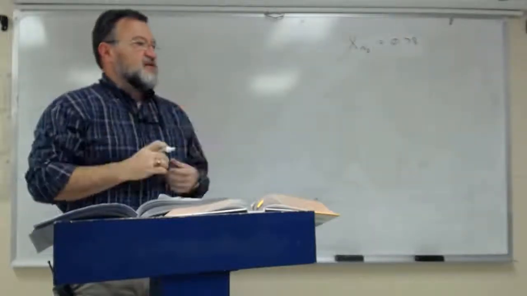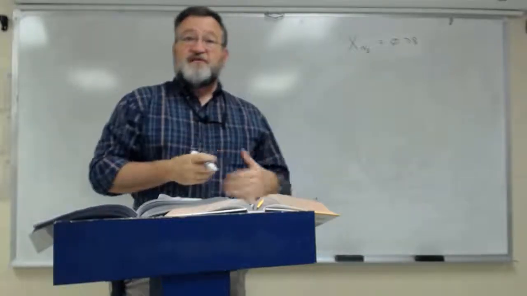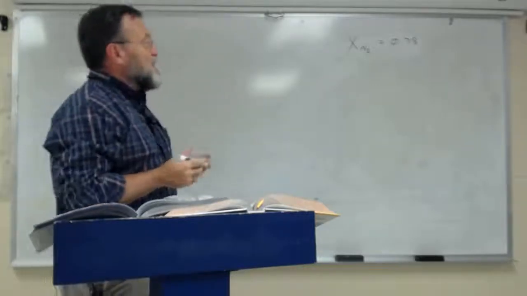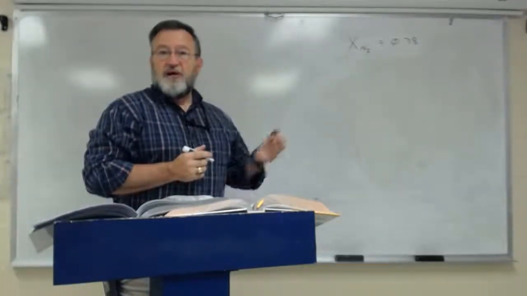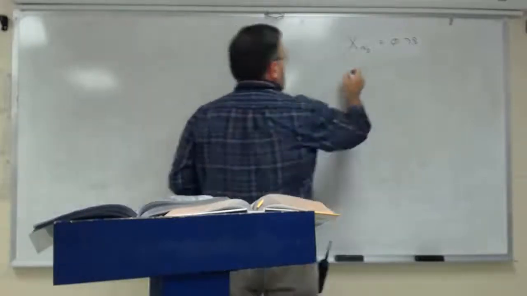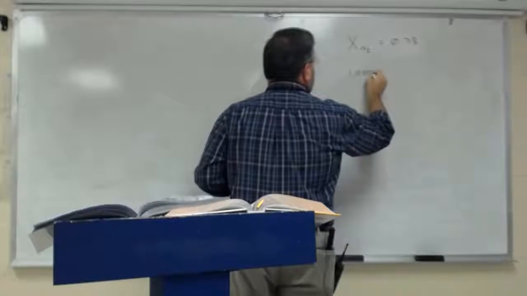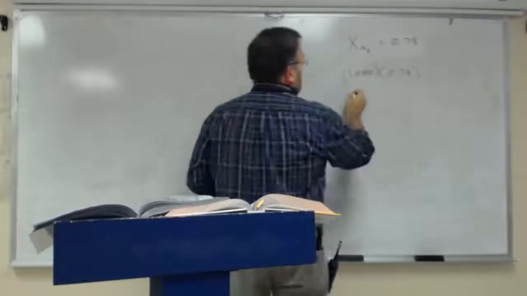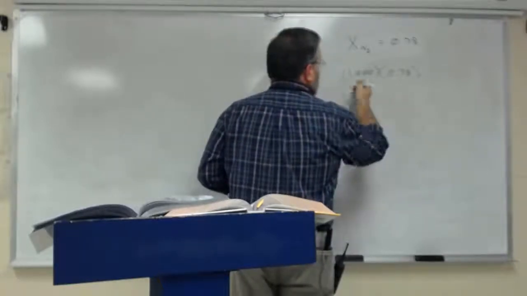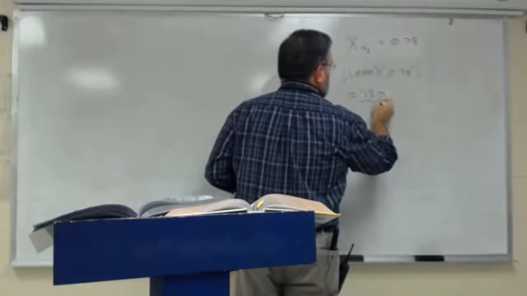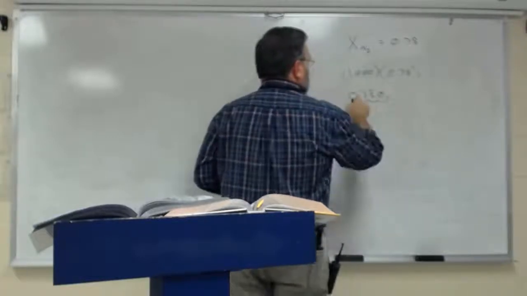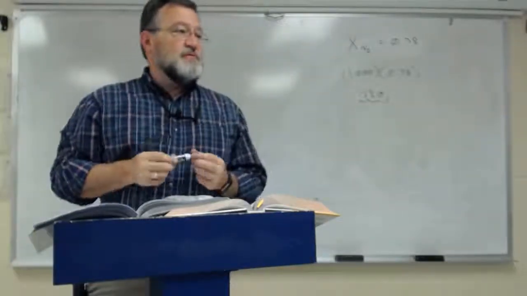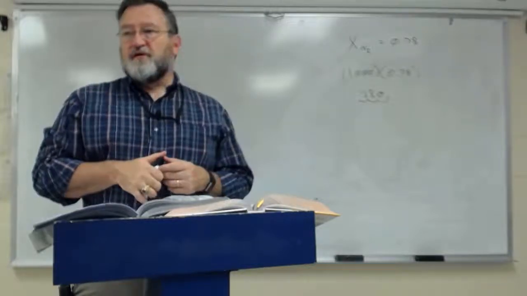Okay, 78% of all the molecules are nitrogen. 78% of all the moles of molecules are nitrogens. Okay, so if we have 1,000 molecules, how many of them are nitrogen? 0.78, move the decimal 3 places, 1, 2, 3. So we have 780 molecules of nitrogen for every 1,000 molecules of compressed air.